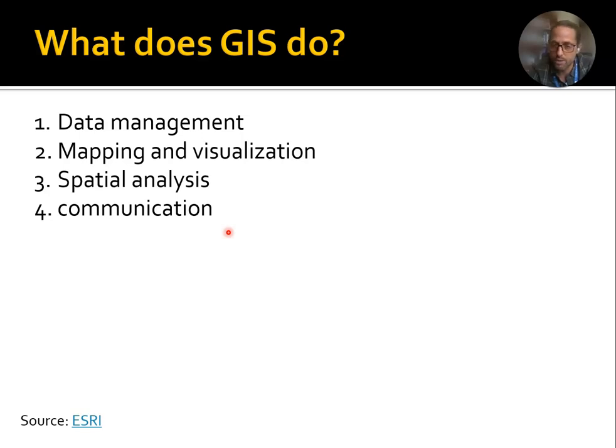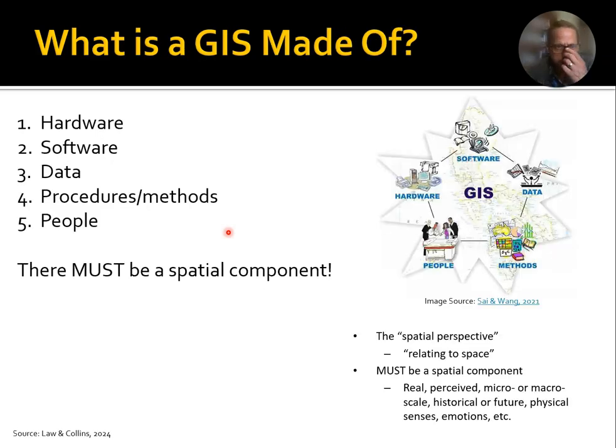You can put a map online that shows we've addressed these needs of these people in this area and saved this much money. Maybe someone works with health issues with low-income populations in the state, and you say we've helped avoid this many hospital visits in this part of the state. So you can visualize just about anything and use it as a communication tool for whatever you're doing, as long as there's a spatial component.